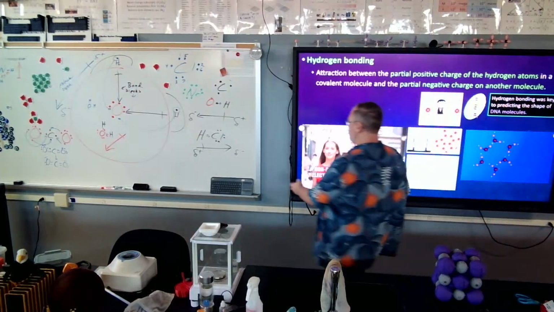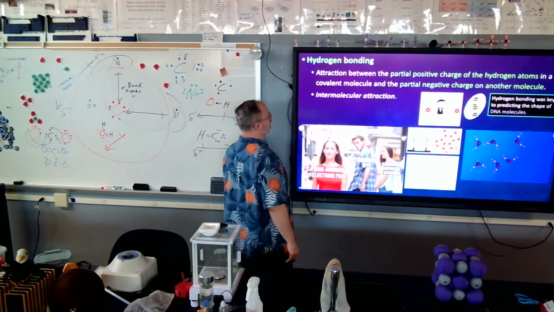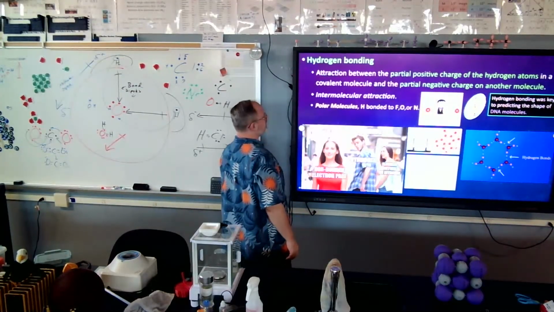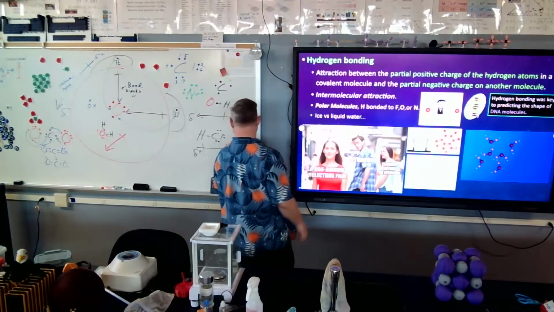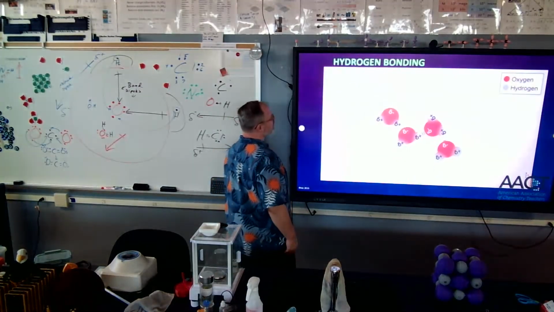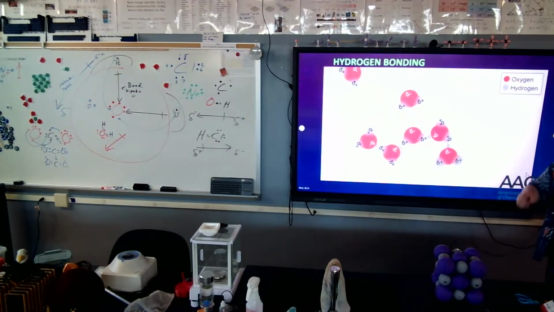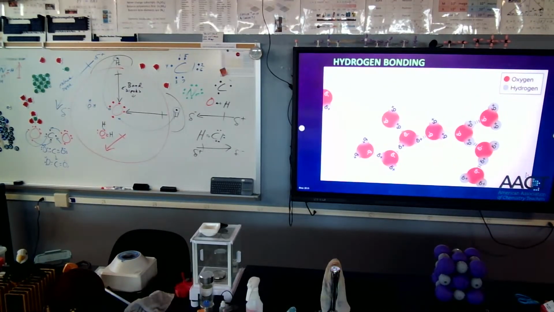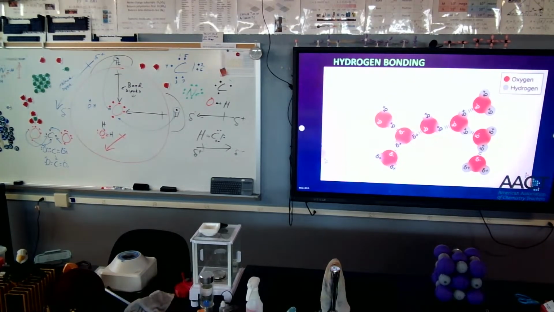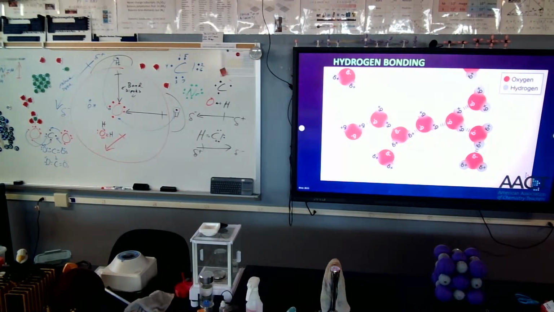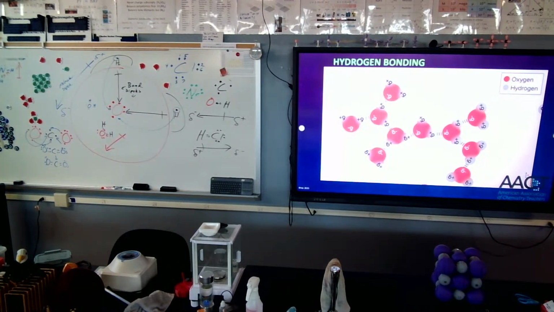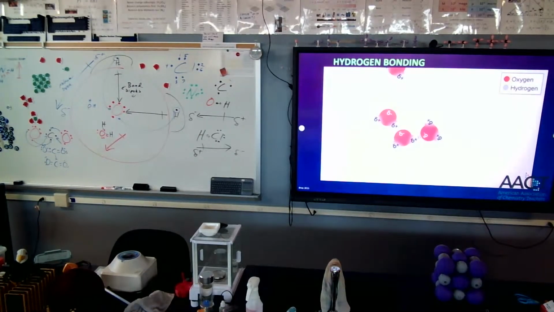So this is a cool example of water. See, ice versus liquid water. So these represent water molecules. And the hydrogen bonding is why all life on this planet exists. That has to do with water being less dense as a solid than as a liquid.